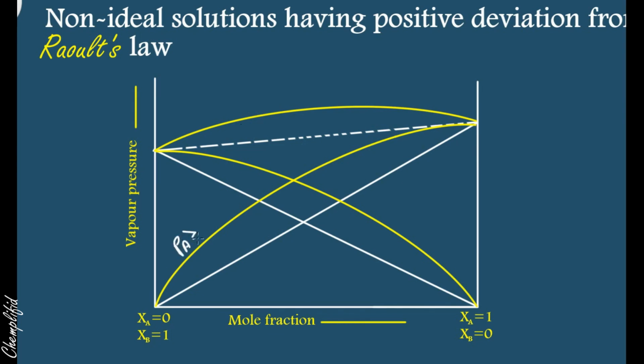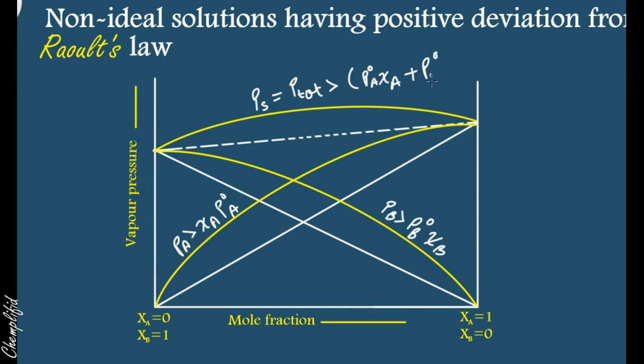PA, the partial pressure of A, is greater than P naught A times the mole fraction of A. Second one, partial pressure of B is also greater than P naught B times the mole fraction of B, and total pressure of the solution, or P total, is also greater than P naught A mole fraction A plus P naught B mole fraction B. We can write it as PA plus PB. That's how you understand the graph.